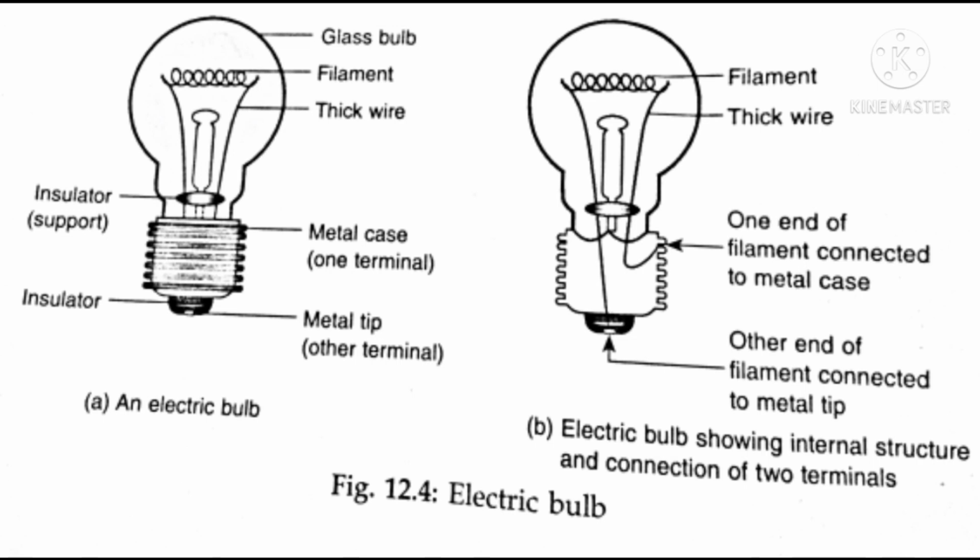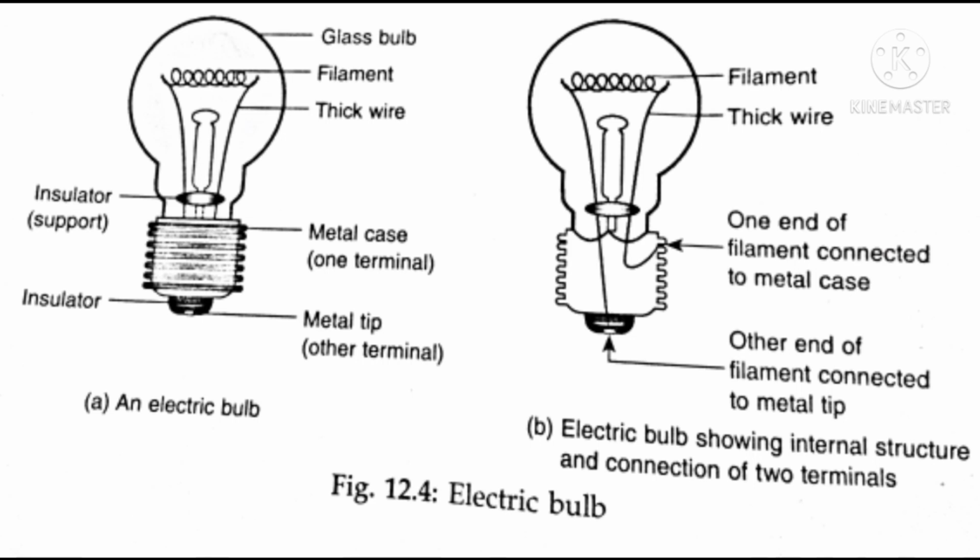These two terminals do not touch each other and are separated by an insulating material. The metal case is shaped like a screw so that the bulb can be fixed into the bulb holder, isn't it?